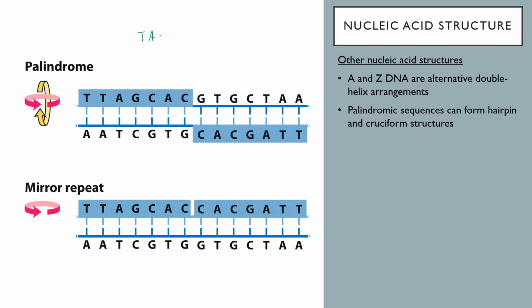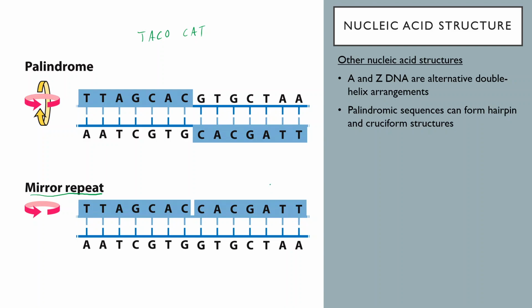Like taco cat, for example, is a palindrome because you can read it forwards or backwards and it reads the same way. But with nucleic acid sequences, a palindrome is not necessarily the same sequence forward and backward on one strand. That would be a mirror repeat. So this is a mirror repeat, a sequence like this: TTA, GCAC, and then CAC, GATT.